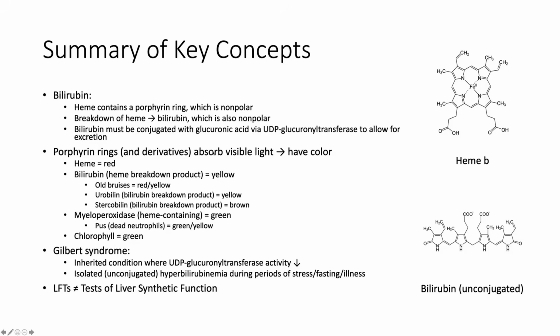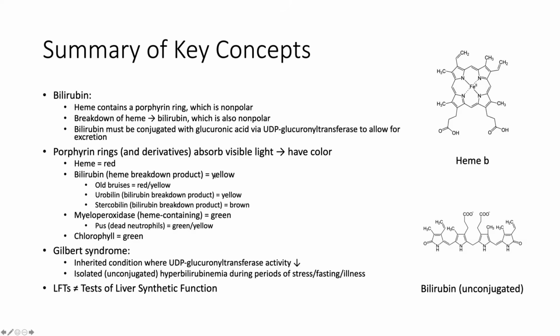Porphyrin rings, interestingly enough, are nonpolar because they have a lot of conjugated double bonds. And so they absorb visible light, which means they have color. So heme is red because it's a porphyrin ring that absorbs visible light because of all the conjugated double bonds.